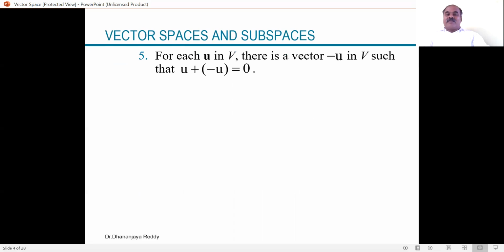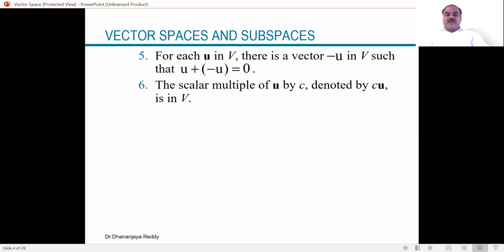Next one, fifth one. For each vector V, there exists its negative, that is u plus minus u equal to 0. And scalar multiplication of a vector also belongs to V, such that c and u, that is cu, also belongs to V, where c is a scalar, u is a vector.